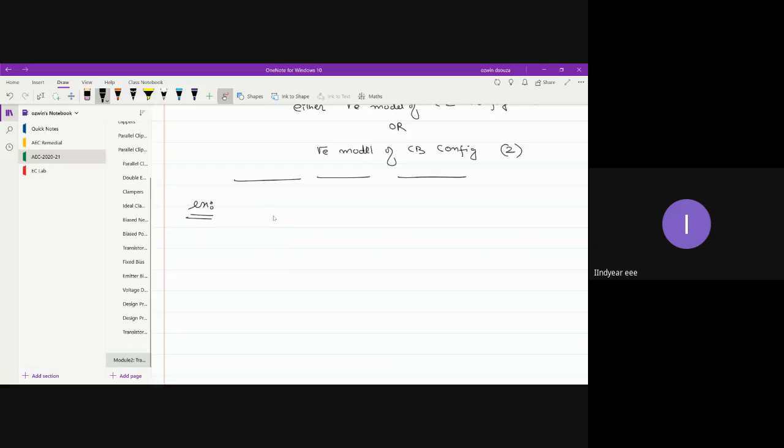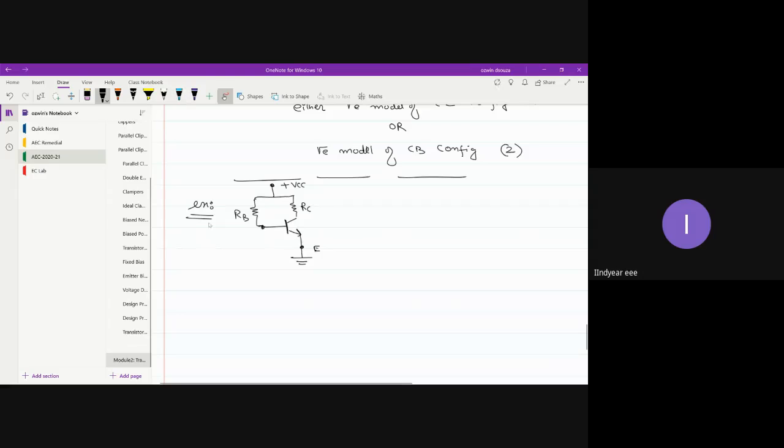Let's say, for example, you have a fixed bias network of this kind. This is your emitter terminal, and this is your base resistor. This is your collector resistor, and this is where you are going to connect it to VCC.